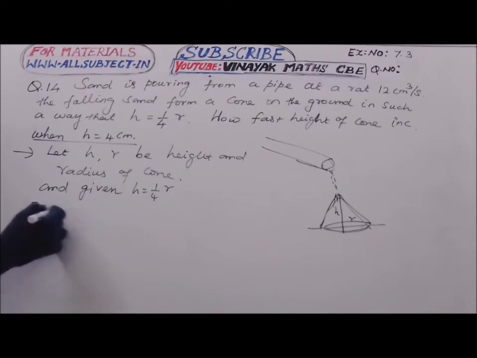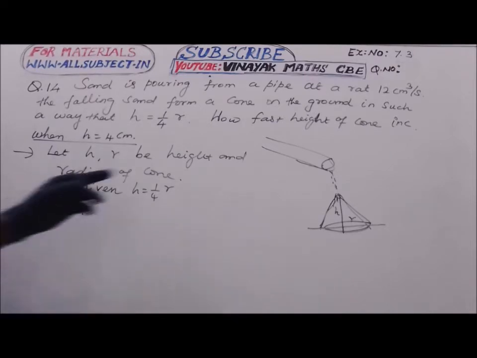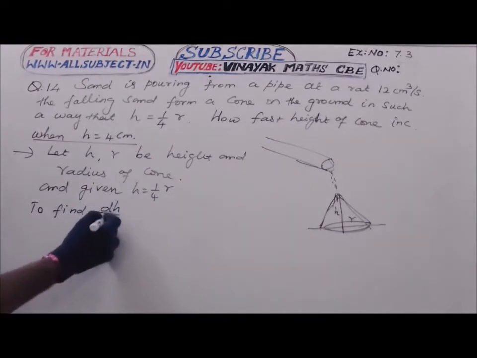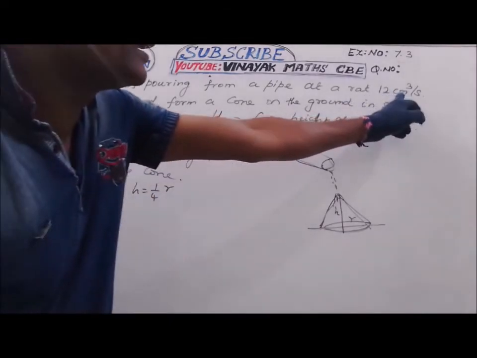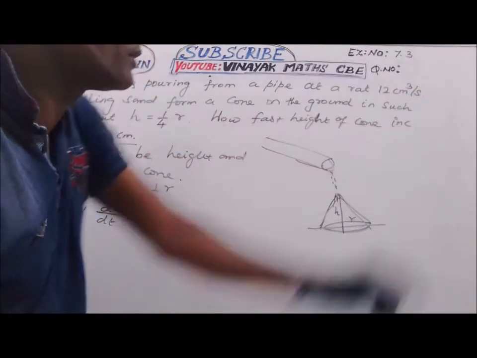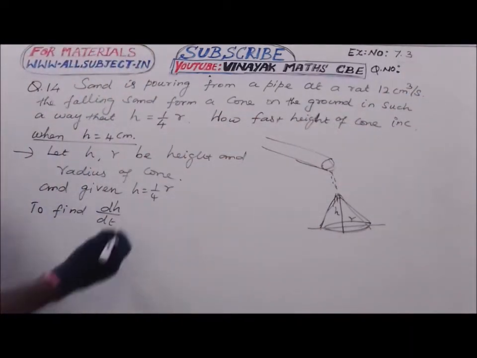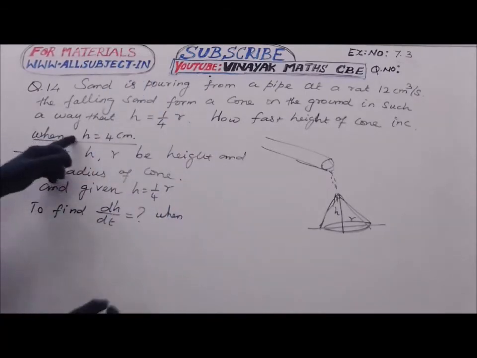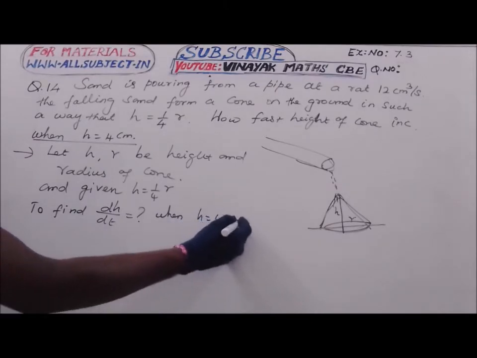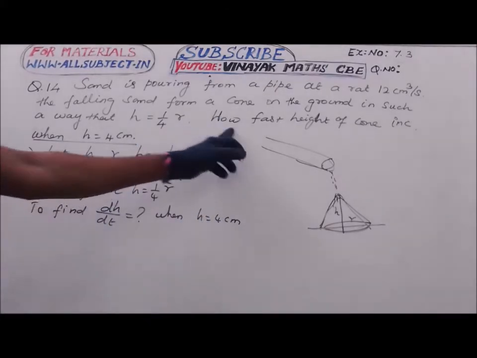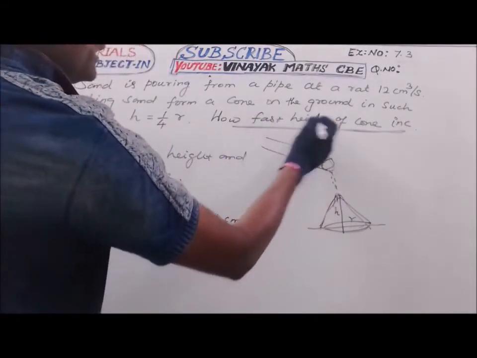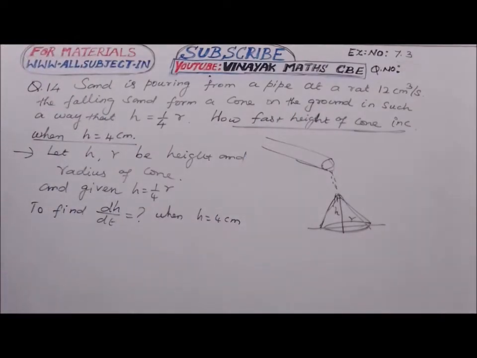We need to find the rate of change of height, dh/dt, because it is given in centimeter cube per second, so the rate of change with respect to time t. We find dh/dt when h is equal to 4 centimeter. How fast increasing means the rate of change of height should be found when h is equal to 4 centimeter.